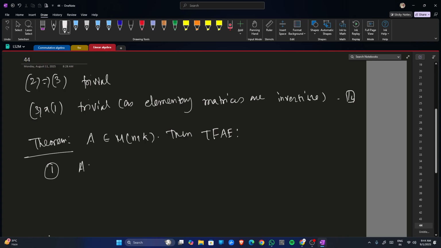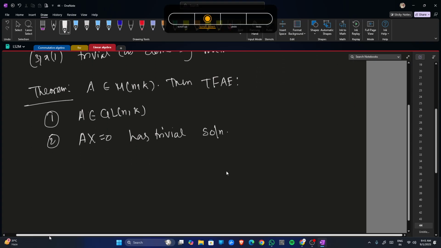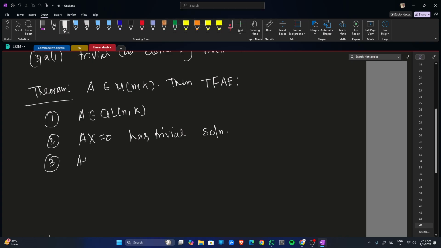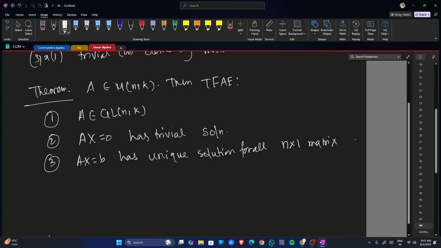One, A belongs to GL_n(K). Two, AX equal to 0 has only the trivial solution. Three, AX equal to B has a unique solution for all n cross 1 matrices B. Proof.